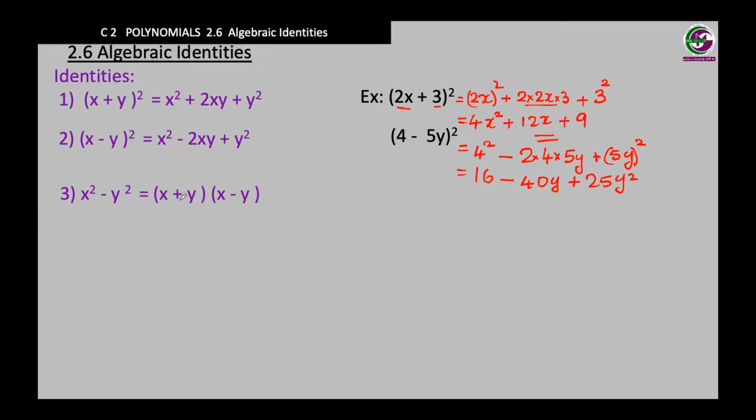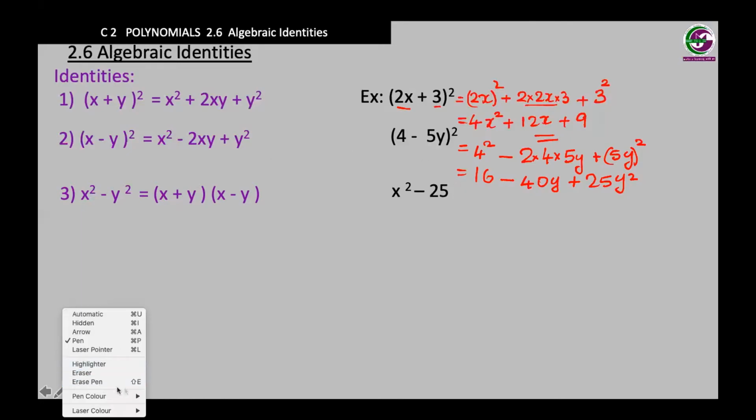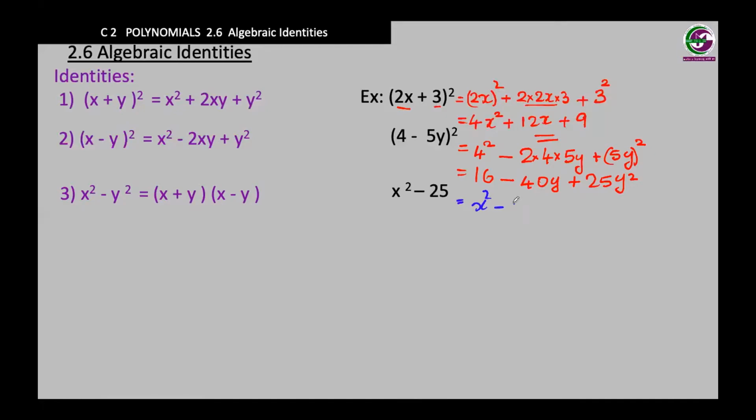Or we can say the opposite. x square minus y square is (x minus y) times (x plus y). These two terms can be switched, there is no problem. Let's see with an example. This directly doesn't look like the identity, but we can rewrite it as the identity. How does it look? x power 2 minus 5 power 2, because 25 can be written as 5 power 2.